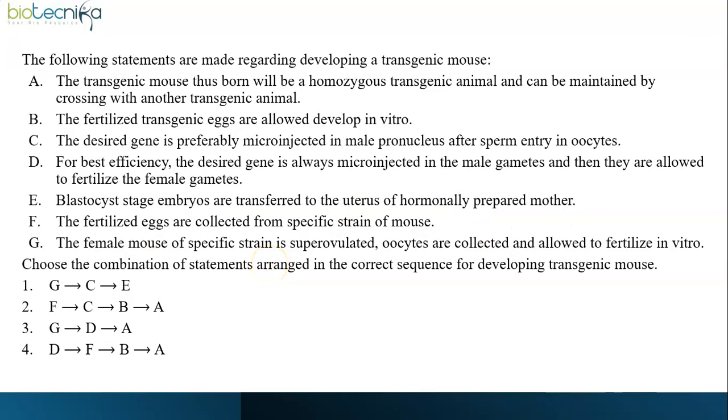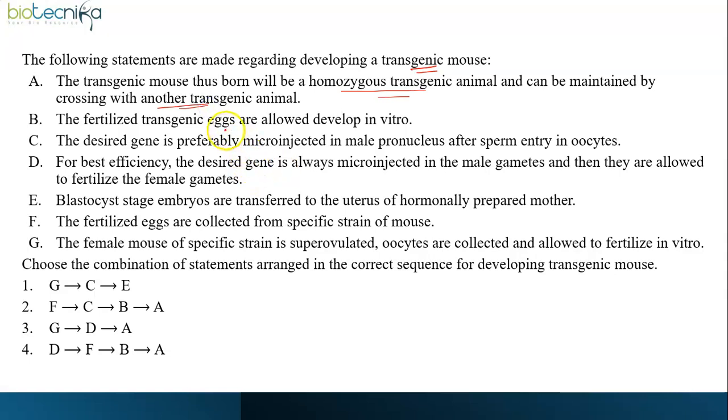Moving on to our third question, regarding transgenic animals. The transgenic mouse and some statements regarding the same are provided here. The transgenic mouse thus born will be a homozygous transgenic animal and can be maintained by crossing with another transgenic animal.